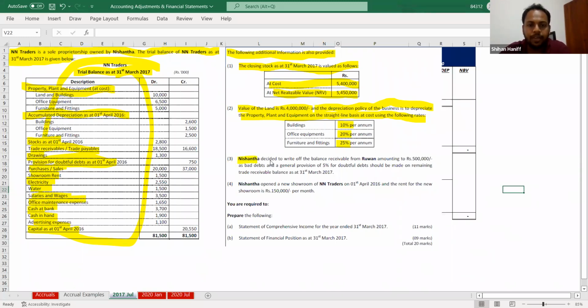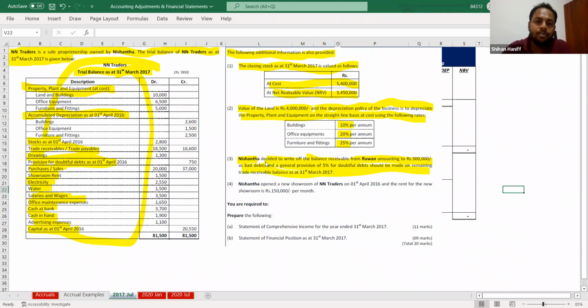Nishantha is the owner. He decided to write off the balance receivable from Ruan amounting to 500,000. So this is a bad debt. And the general provision is 5% from the remaining trade receivables.